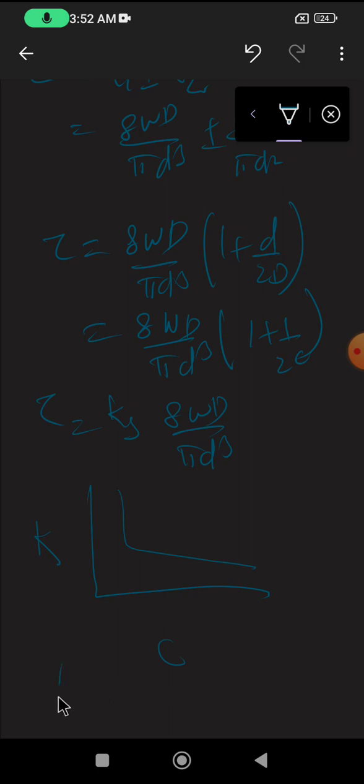So K is equal to Ks into Kc, where Ks is the factor due to shear and Kc is due to the curvature. Total is K. So we have seen various equations for stresses in the helical spring.